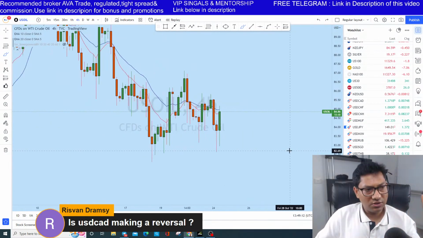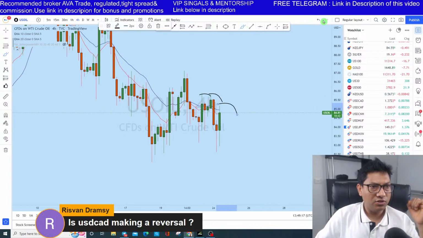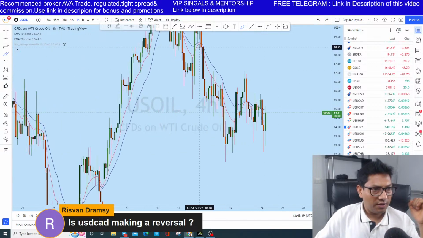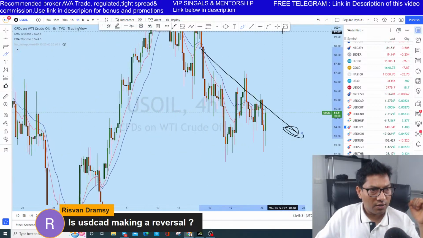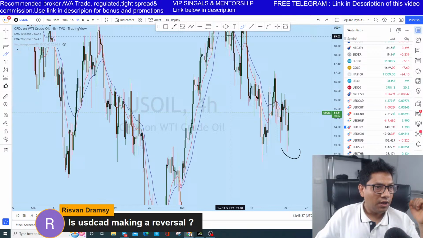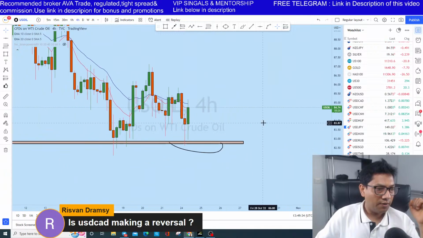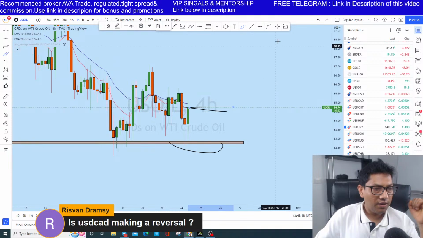I think there are two kinds of price action. First of all, on the 4-hour time frame, we see kind of a head and shoulder, and this is a local downtrend, but we see the price failed to create a lower low, and instead created a higher low at this neckline. This is the neckline which acted here as a support, but for buying oil, I don't think that this is a good place for buying.